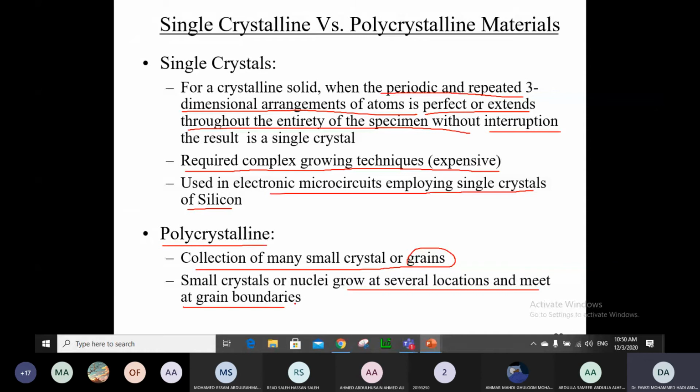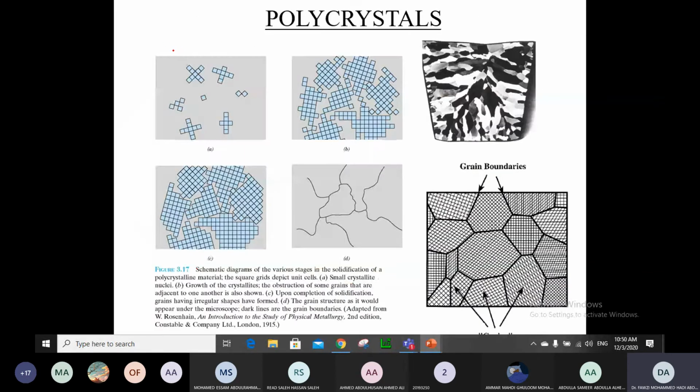Let's look at how polycrystalline materials get produced to understand what is required to produce a single crystal material. If we understand how polycrystalline materials develop, then we will understand what we require to produce a single crystal material. So normally, in cooling down any material, let's say we have a material there, and it is molten metal.